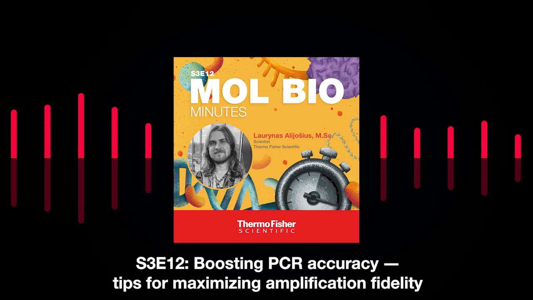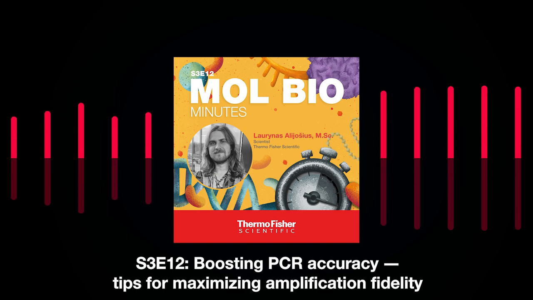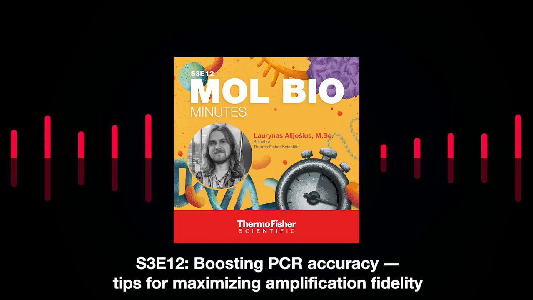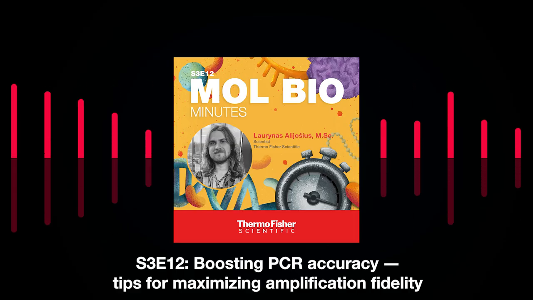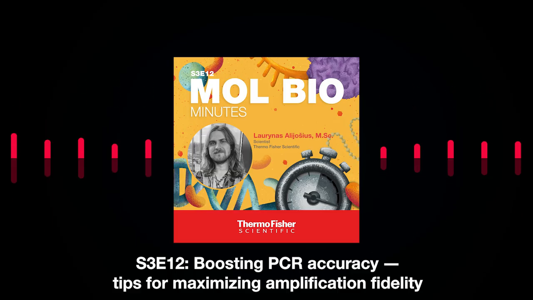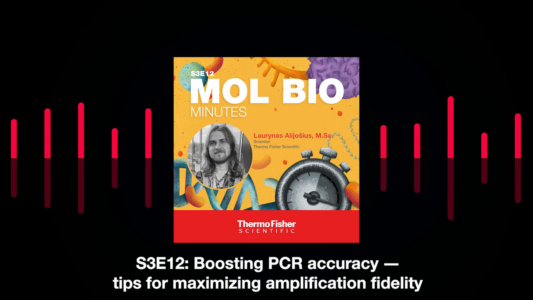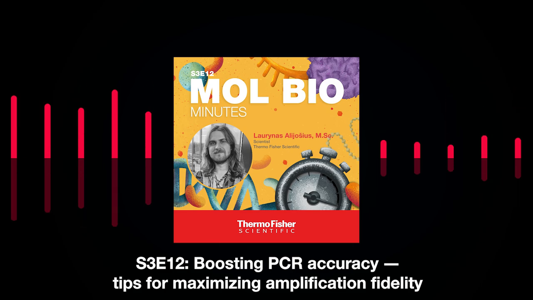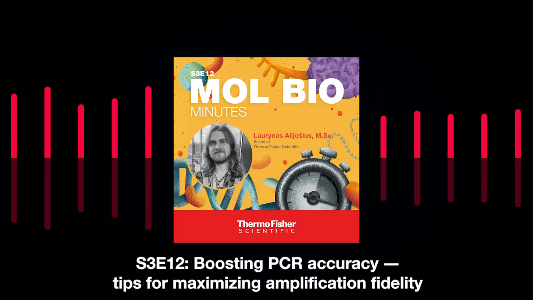Also, the overall composition of your PCR reaction mix can impact the accuracy of the PCR. For example, let's take nucleotides. Nucleotides are like bricks or building blocks for the newly synthesized DNA strand. So if your bricks are of lower quality, then your house will be of not so good quality too, right? The same goes for the PCR, and the accuracy and the quality of your PCR product could be also compromised a bit here. Other components, such as ions, let's say magnesium ions.